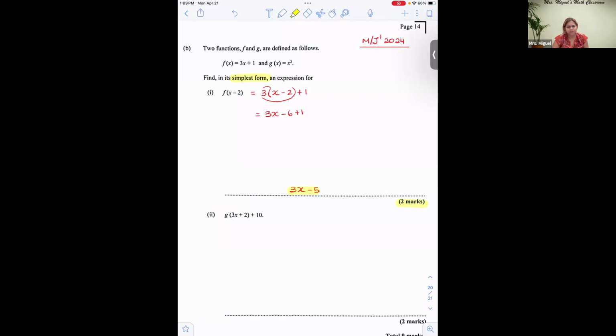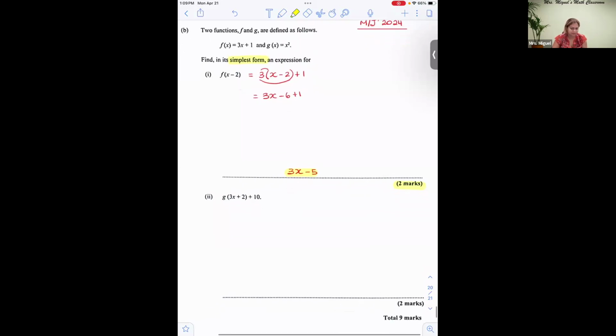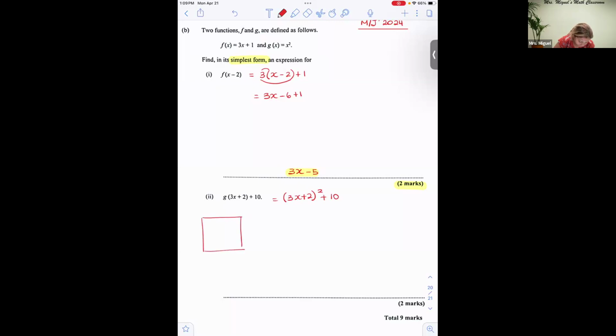And the next one is pretty simple. Don't let it look confusing to you. All you're doing is replacing x with 3x plus 2. I like to multiply it using a box. So 3x by 3x is 9x squared. 3x by 2 is 6x.